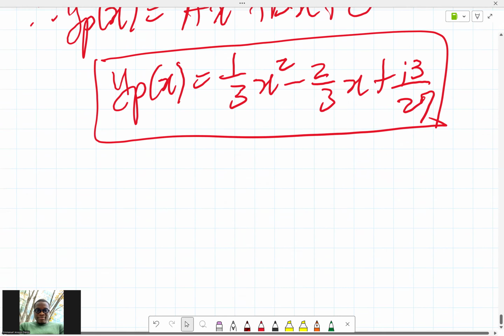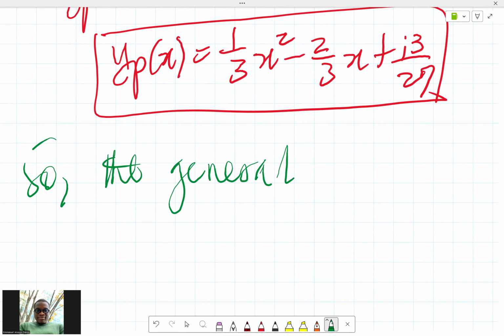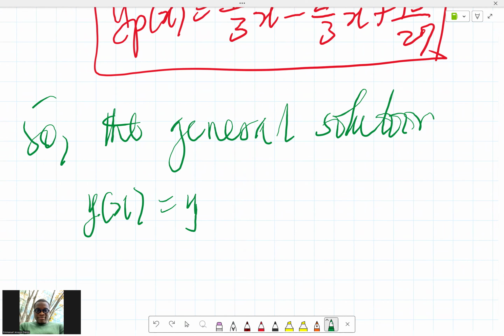So we can then talk about the general solution. The general solution, y of x, is equal to yc of x plus yp of x.